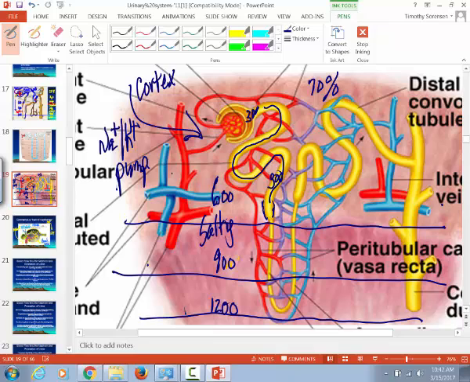And then you can see that they start to thin out and they dive deeper and deeper into the medulla of the kidney. Are you with me? Then they make a little turn and they come back up. This little area here, the little thin loop here, is called the loop of Don Henley.